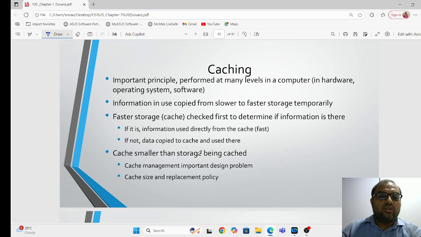Next, the cache is smaller than the storage devices, as I already said. So a replacement algorithm is used, and we apply it as per the replacement policy.